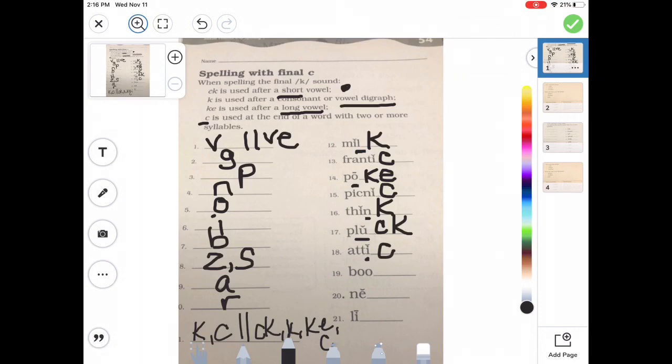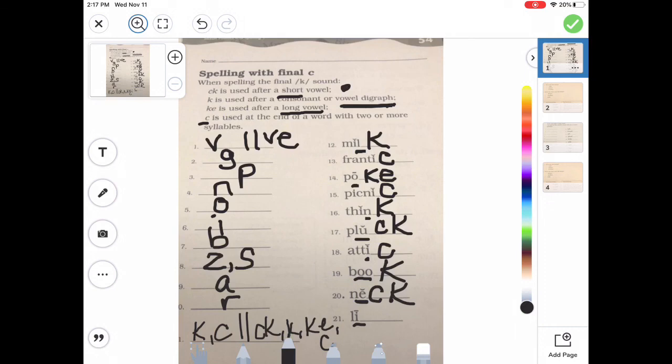All right, the next word I want to do is book. So I have a vowel digraph. So after a vowel digraph, I need to use a K. Very good. The next one, neck is what I wanted to spell. Neck. Well, since that short vowel is right there, I need to add CK. Like.